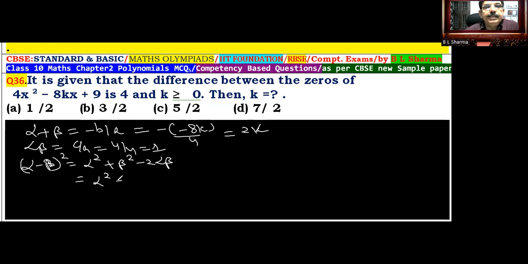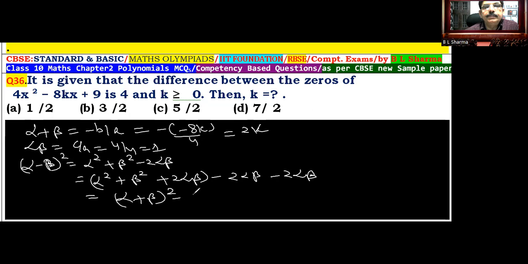To find alpha plus beta whole square, we have to add 2 alpha beta and also subtract 2 alpha beta. This 2 alpha beta as it is, but this is the identity of alpha plus beta whole square minus 4 alpha beta. So alpha minus beta, you please learn this identity.